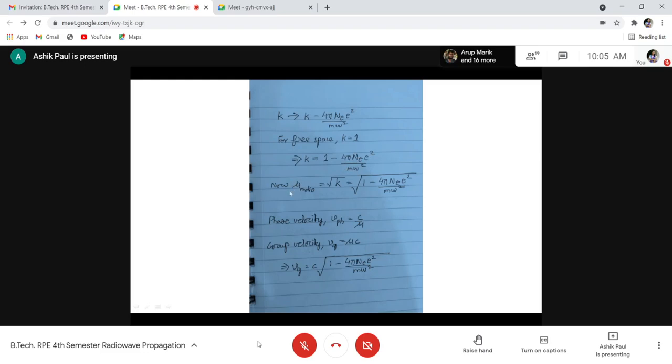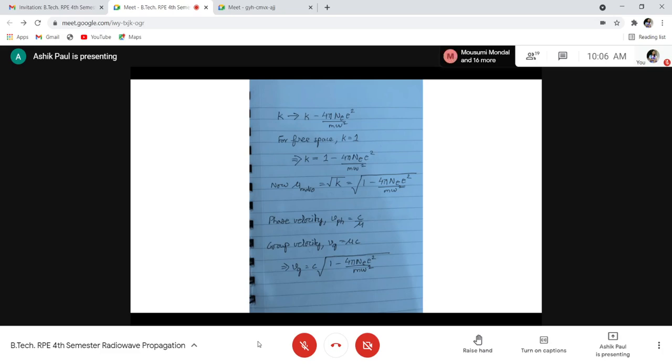Now, just like in an optical medium, where we had earlier learnt about refractive indices in earlier classes, similarly in an ionized medium also, you have the radio refractive index. This is not optical, but radio. And this is a common property for all electromagnetic waves propagating through a medium.